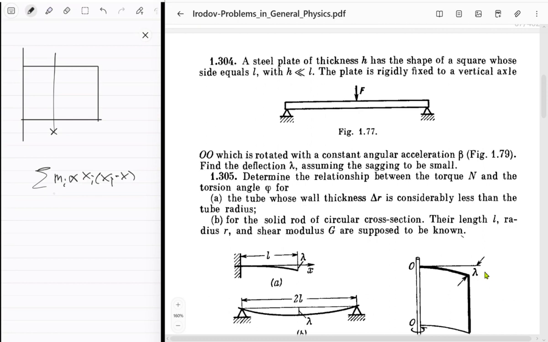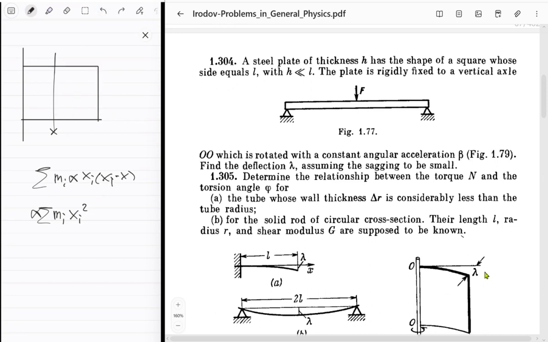Okay, interesting. I would like to convert this into an integral, but let's see if there's something I can do with it. This can be written as summation of... well, that's just like the inertia if you had all of this mass at this point.